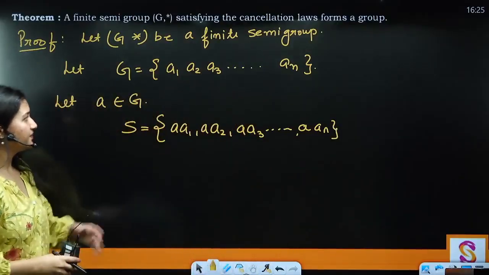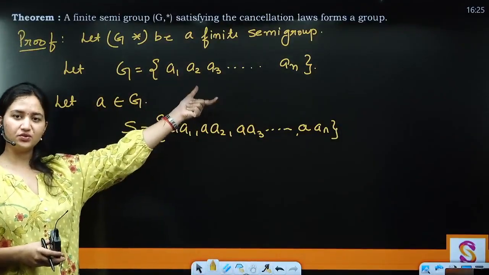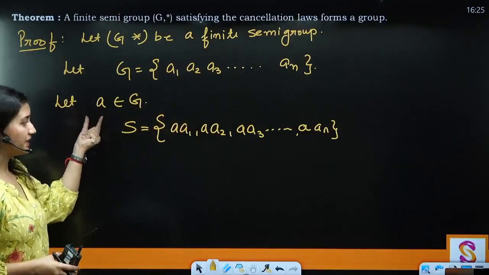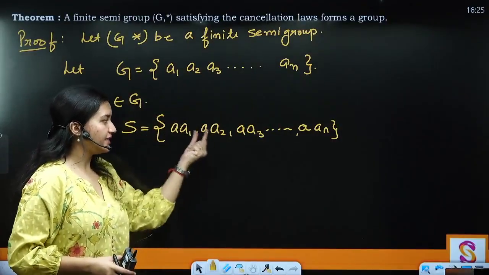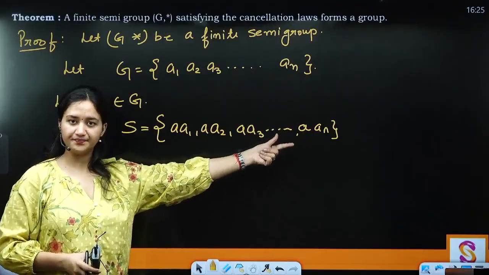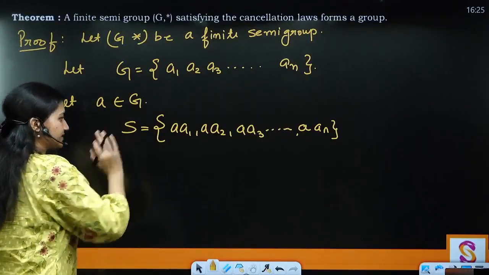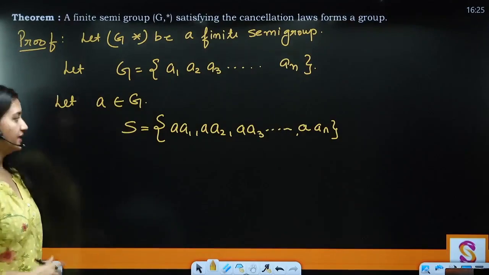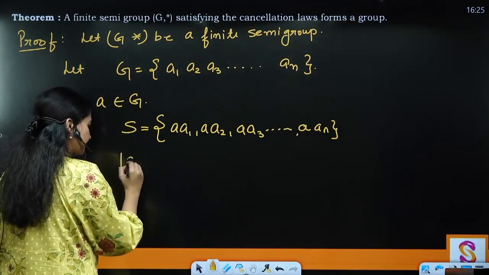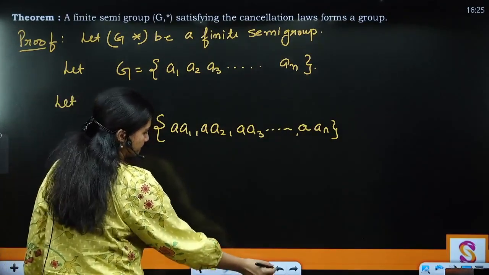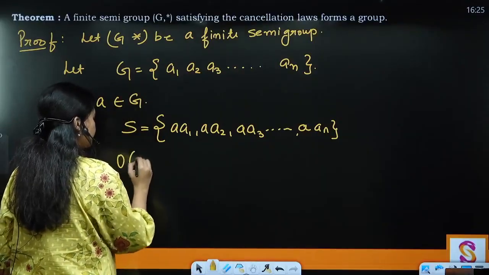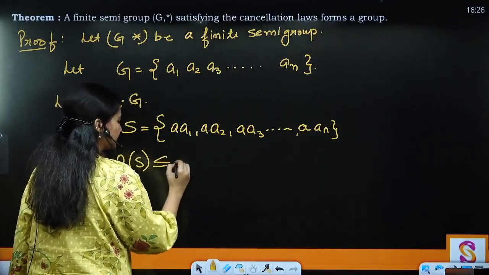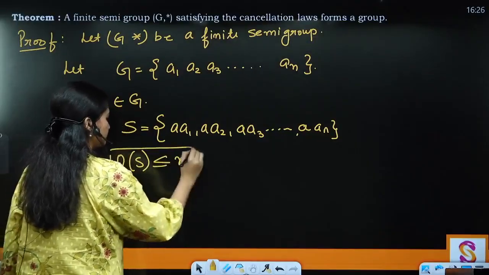What I've done is, I've taken one element A from G only and I have multiplied that A with each of the elements of G. Clear? Now this set S is going to have cardinality, or I should say order of S is going to be less than or equal to n, right?